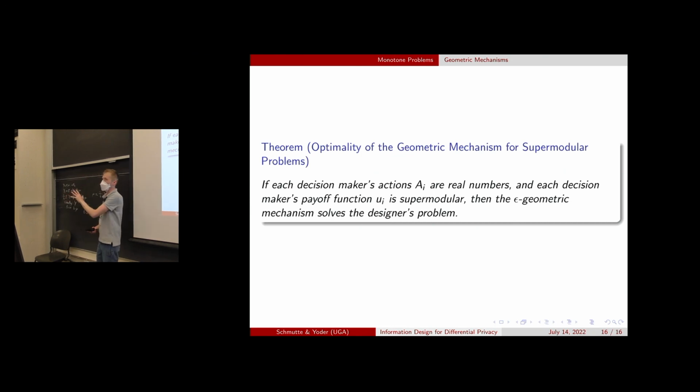Outside of that, that's not necessarily going to be true. We have a counterexample in the paper where it's not optimal. So there, you might want to think about using our more general characterization in the first theorem.